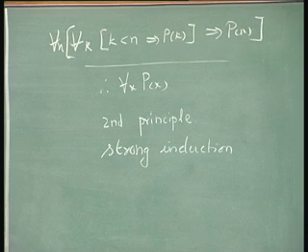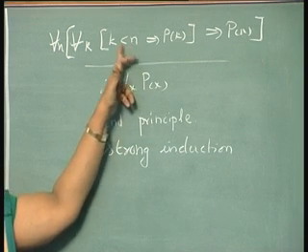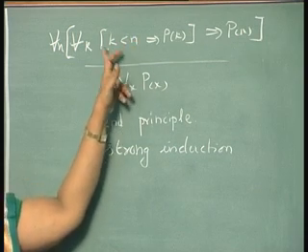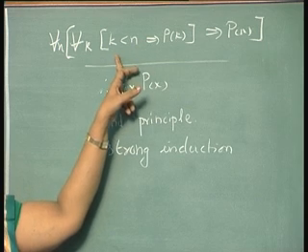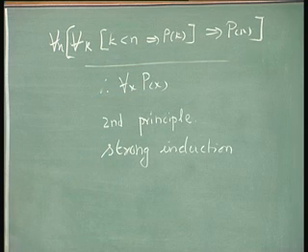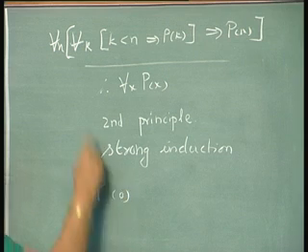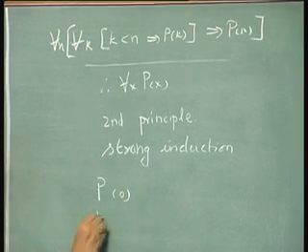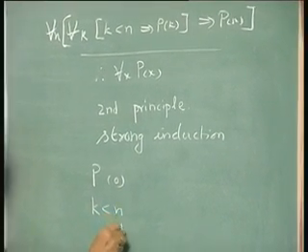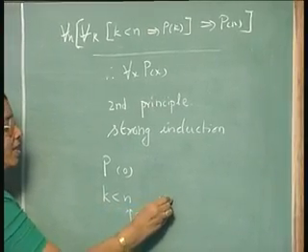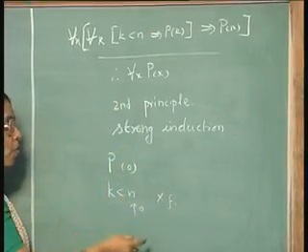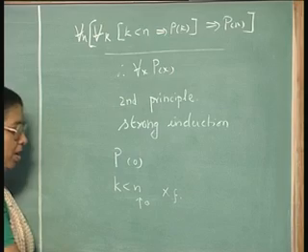The reason is when n is equal to 0, k less than n is false. So this implication is true, and so P0 will automatically become true.